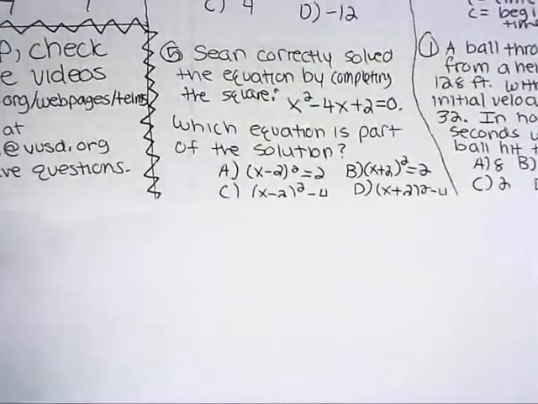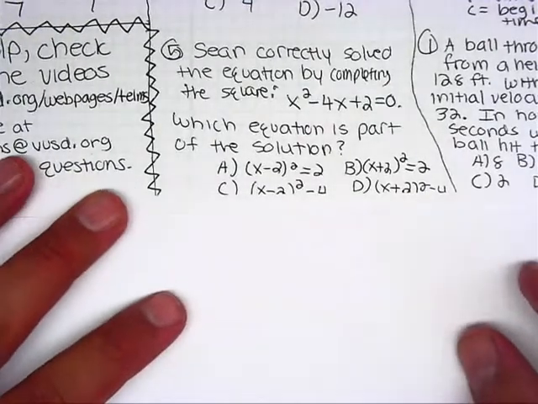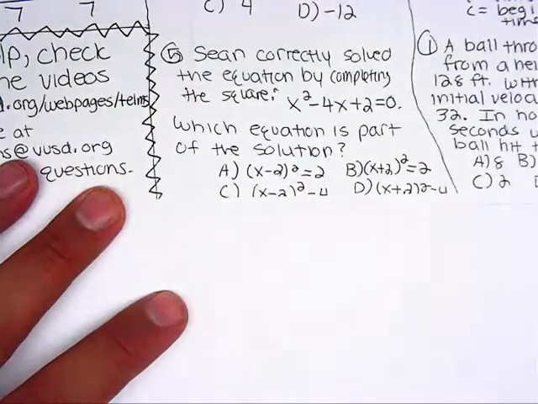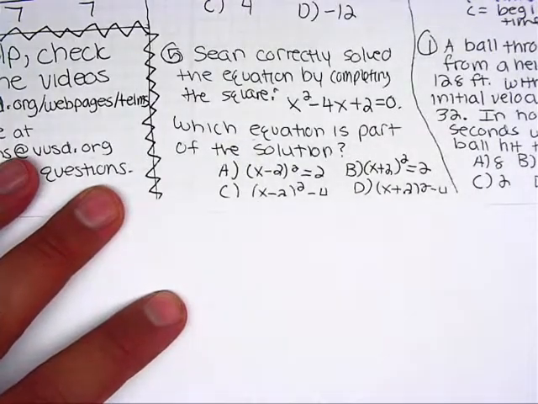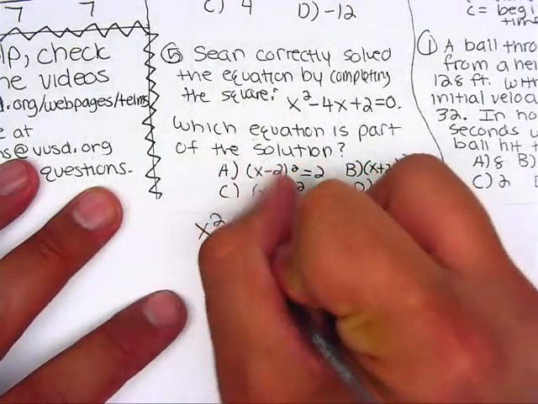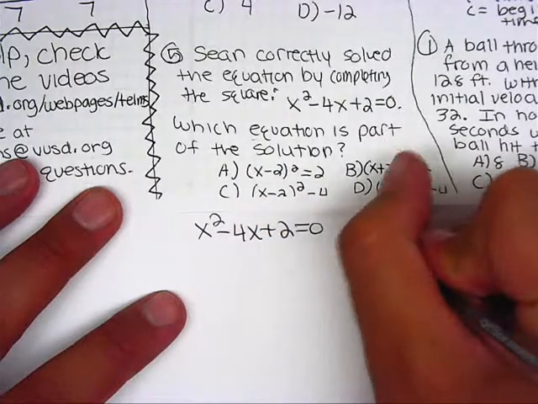Take a look at question 5. Sean correctly solved the equation by completing the square. X squared minus 4x plus 2 equals 0. Which equation is part of the solution? Well, we need to start the completing the square steps to see which is part of the solution. Okay, step 1.